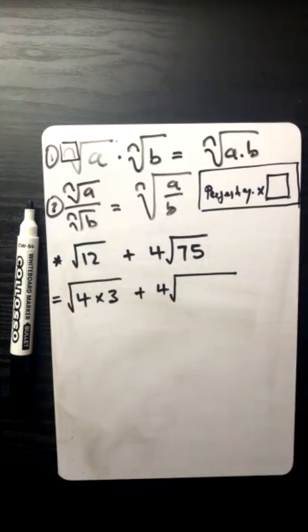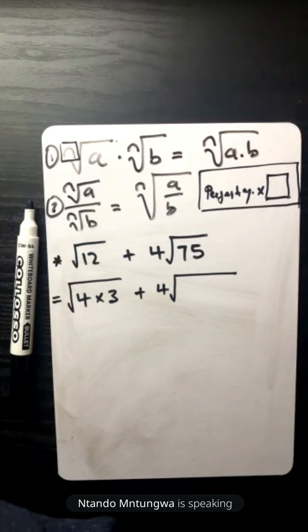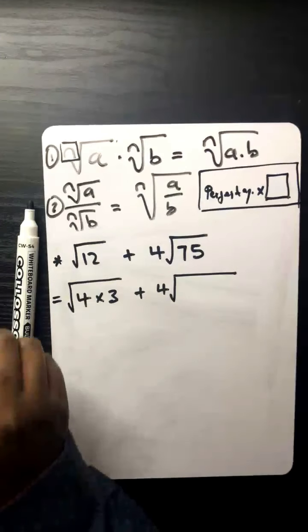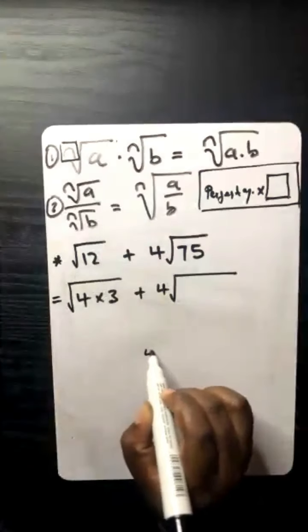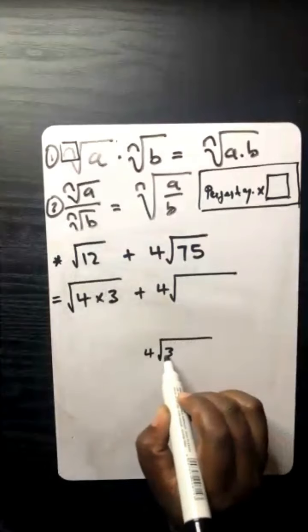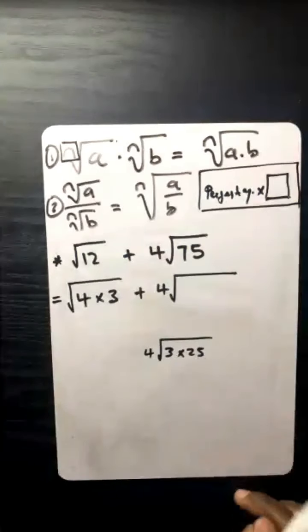Says it will be square root of 3 times 25. Oh, it's 4 square root of 3 times 25. So you're saying 4 square root of 3 times 25?